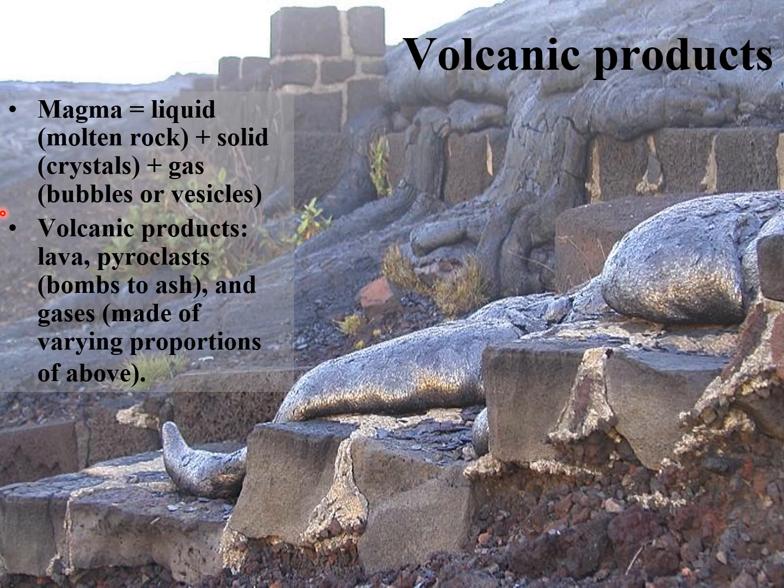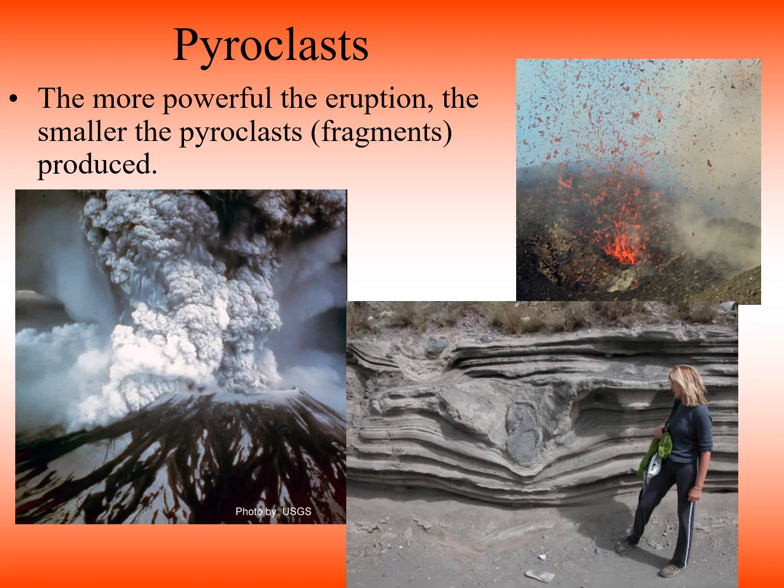Okay, it's not like burning wood. It's literally exploded, pulverized kind of rock. And then gases made of the varying proportions of stuff I mentioned up here. And usually it's carbon dioxide, sulfur dioxide, etc.